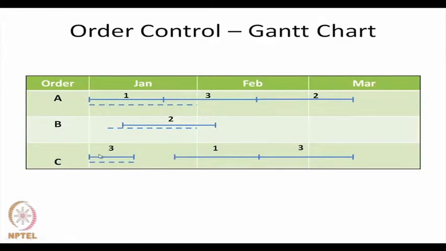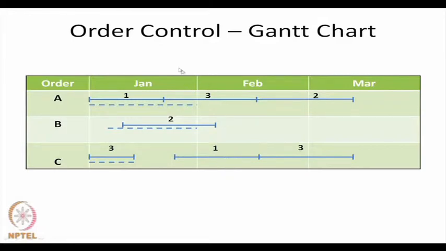So, the work for order C in machine 1 could have started at this point, but because machine 1 is still processing order A, this work has not even started.